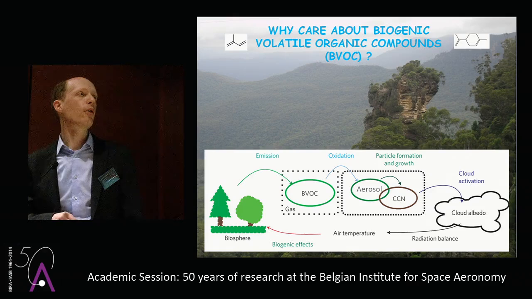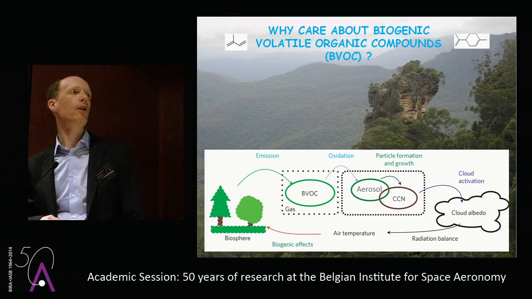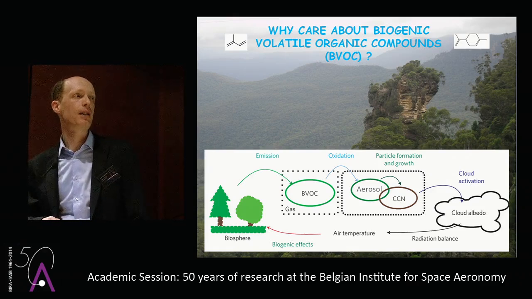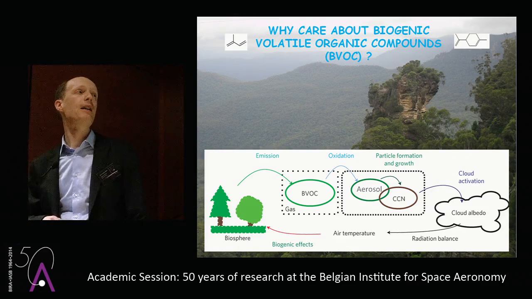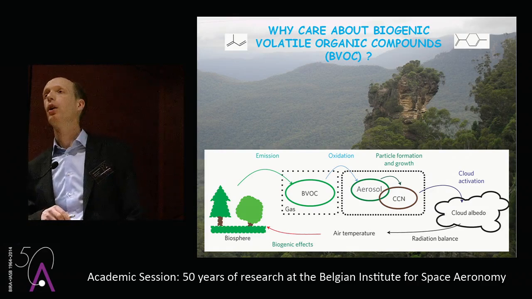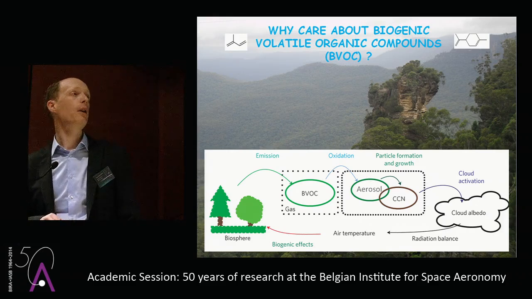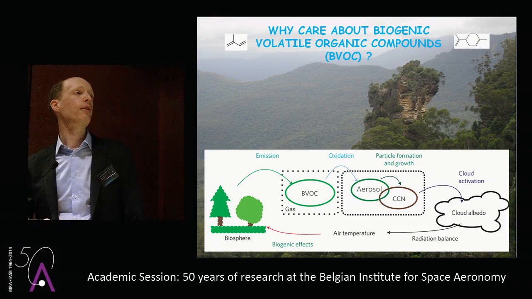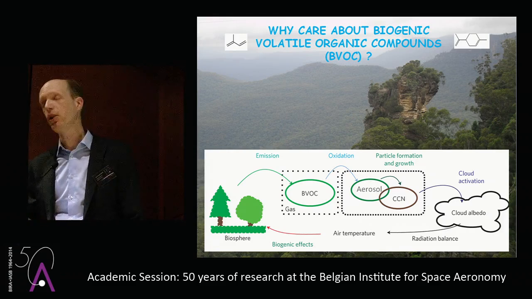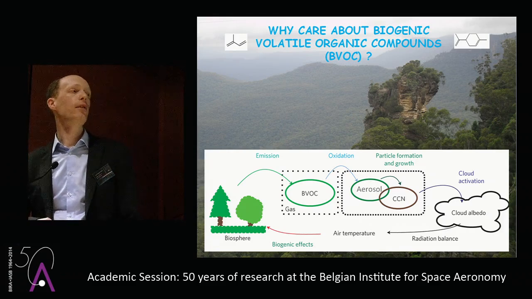So aerosols are actually a key player in the climate system, mainly because of their role regarding the formation and properties of clouds. And in this way, those emissions affect the climate because they affect the radiation balance and the temperature.